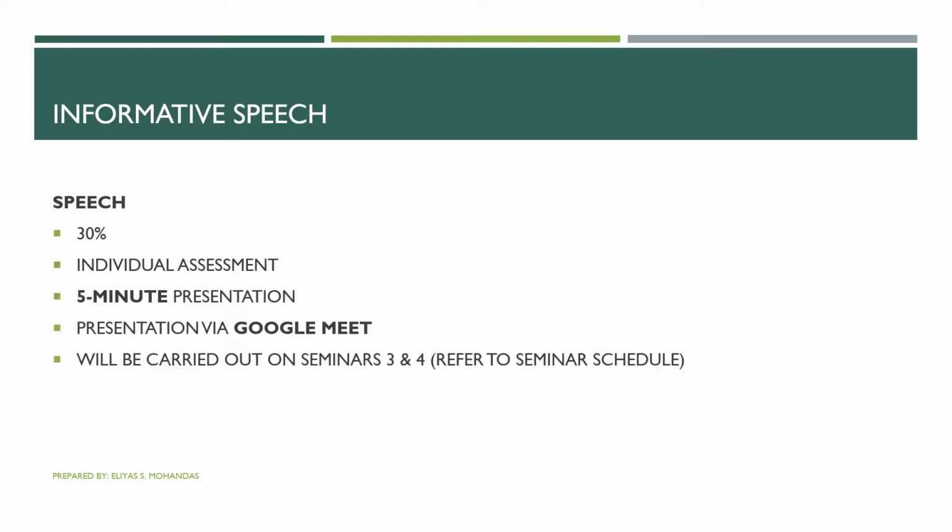So let us start with the speech. Basically, the speech, as I mentioned just now, is 30%. This is an individual assessment. Of course, when one delivers a speech, it's always just one person. If it becomes two or three, it won't be a speech. It will be like choral speaking. So if I have 25 of you in my class, there will be 25 students presenting informative speech.